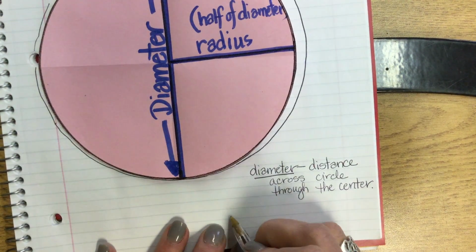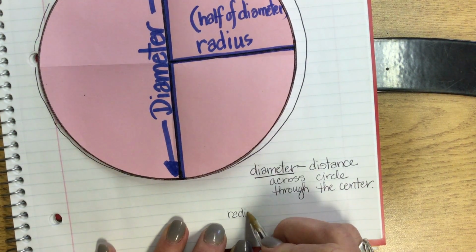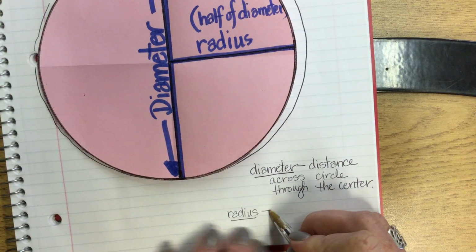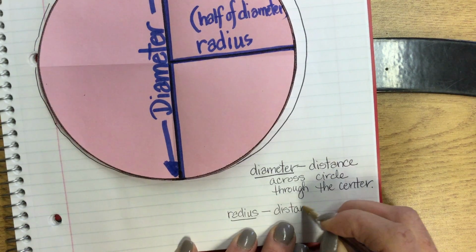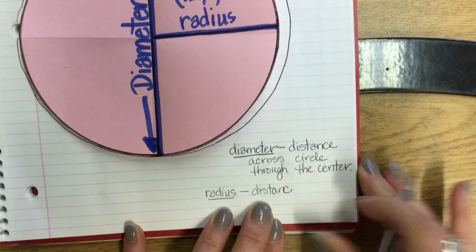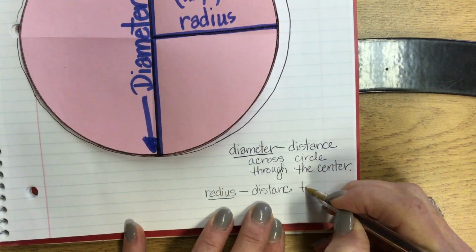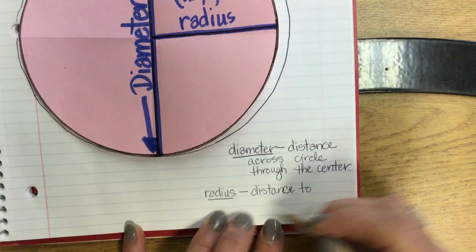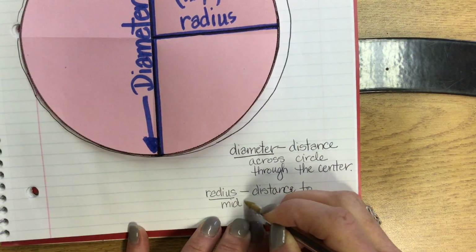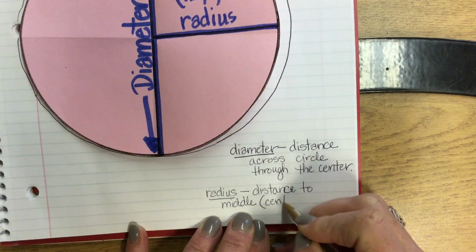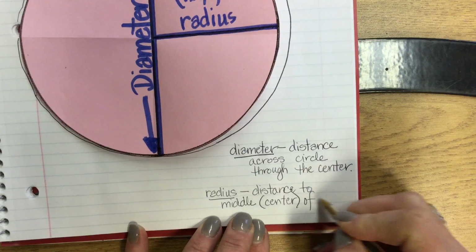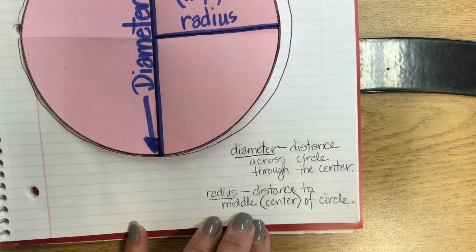And then, of course, the radius is the distance to the middle, to the middle, which is the center of the circle. Okay.